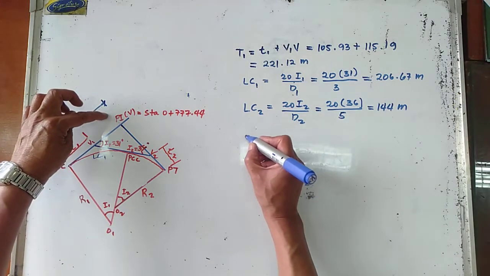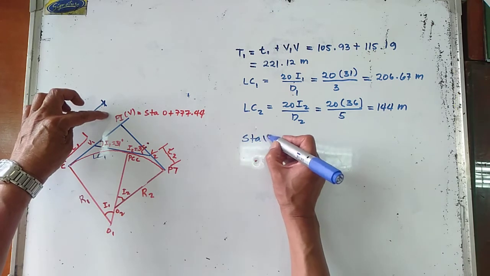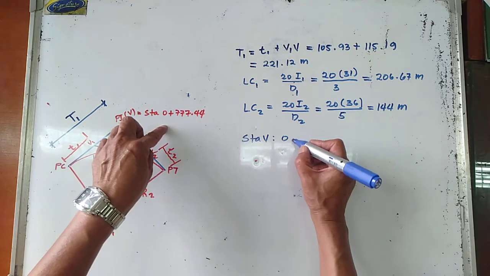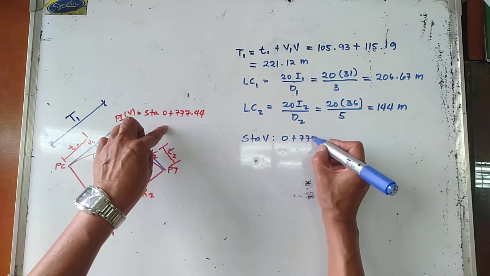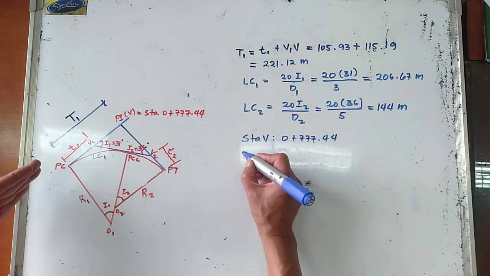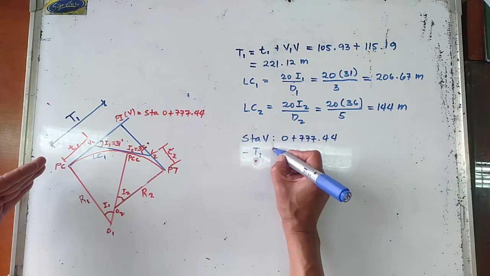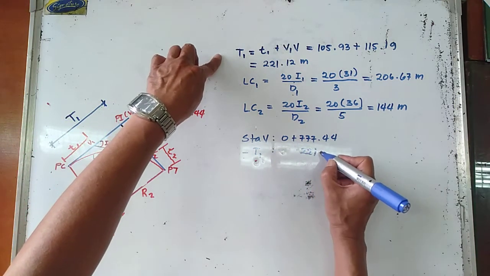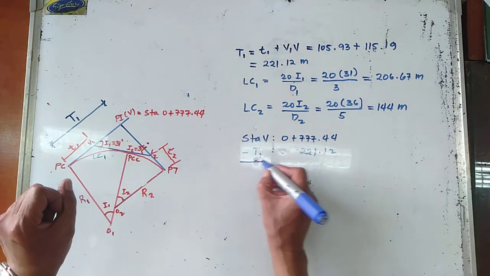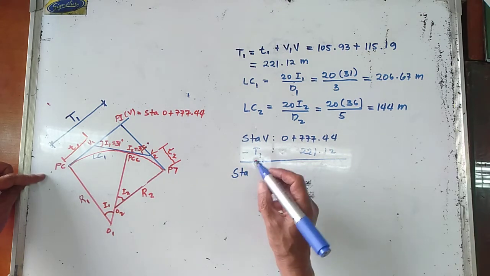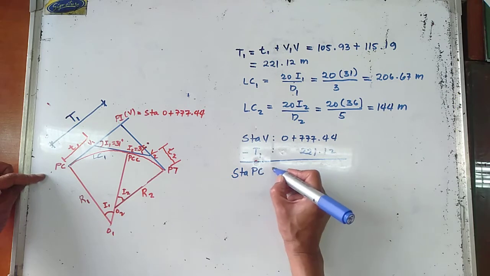Knowing now your station of the vertex or the PI, which is at station 0 plus 777.44, if you subtract T1, and the value of T1 is 221.12, you can determine now station PC.